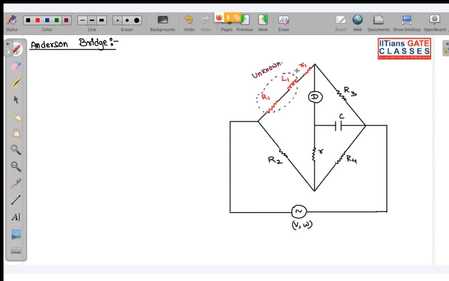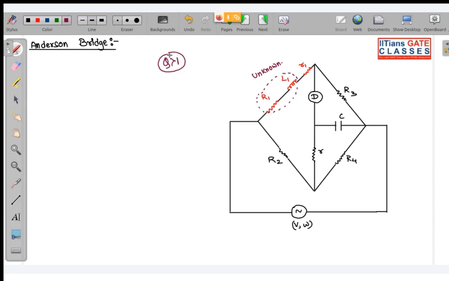So this small r1 is basically kept in the circuit by default, so that if sometimes we get a coil which has quality factor greater than 1, we can increase this value of r1. Okay, so what it will do, it will actually reduce the quality factor of this coil, because with the help of Anderson bridge, what happens, we are going to see in a few moments that we are only able to measure low quality factor coil.